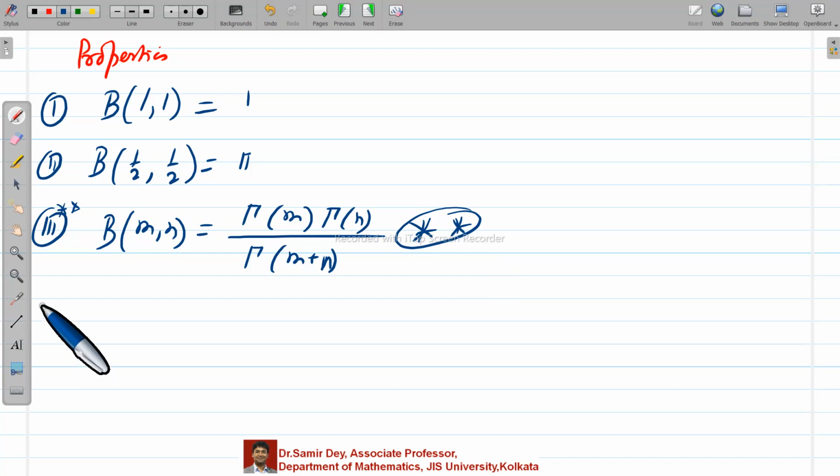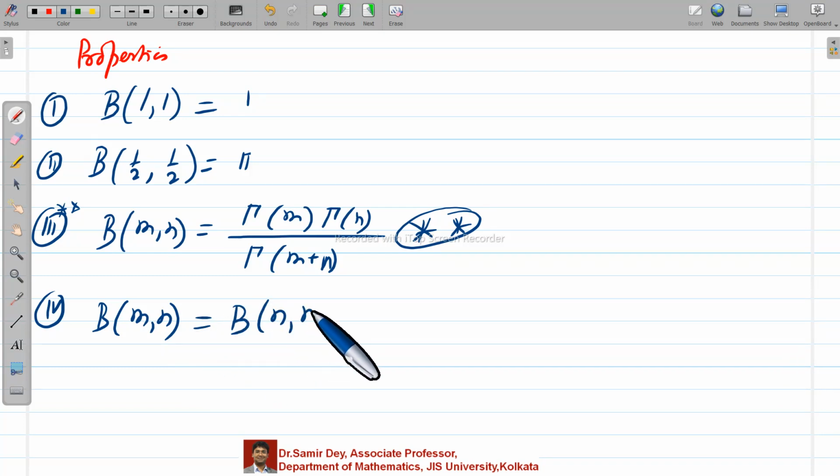Another property: B(m, n) equals B(n, m). If you replace the m value by the n value, you will get the same result. So there is a symmetry.